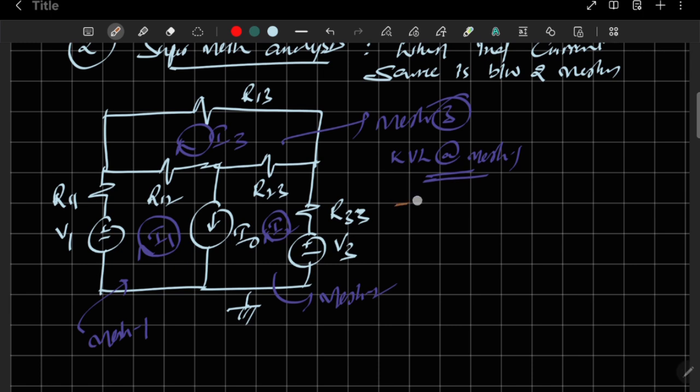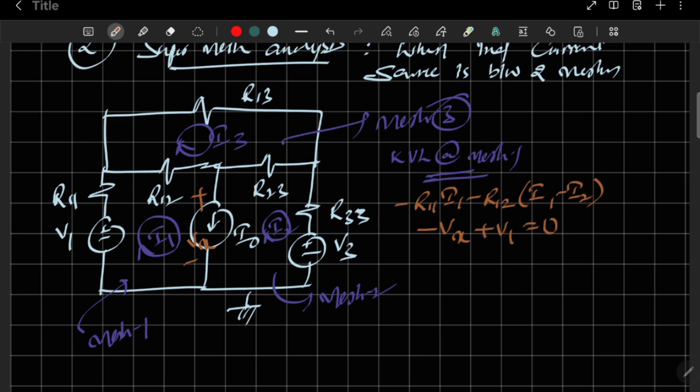So minus R11 I1 minus R12 (I1 minus I3). Then what is the voltage across the independent current source? It is unknown, so we will assume something, Vx for example. As per this clockwise direction I have to take minus Vx. Then plus V1 is equal to 0.